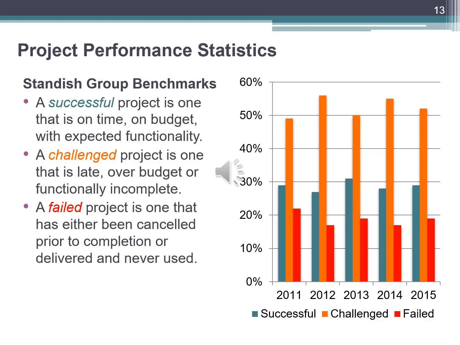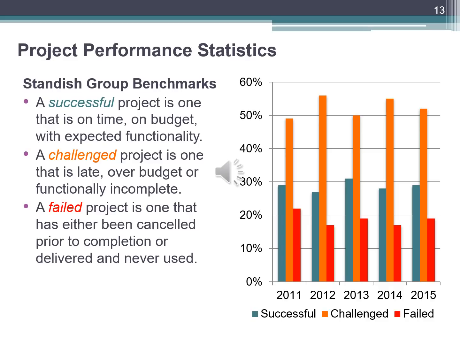The Standish Group, an organization that works on IT project management, has published benchmarks to define the success or performance of a project. IT projects are classified into three groups: successful, challenged, and failed.